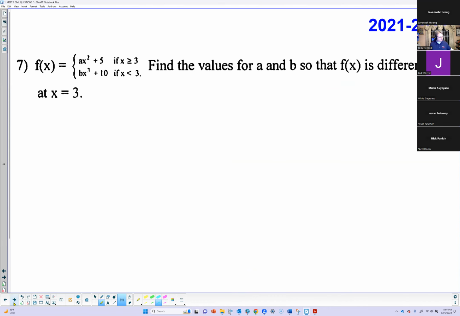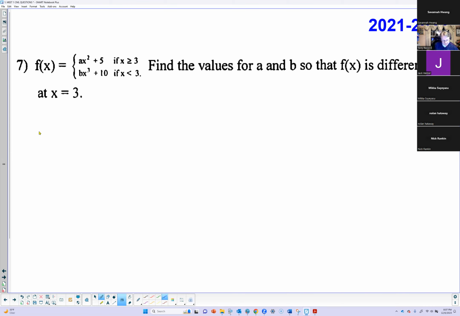Okay. So f of x is your favorite function in the world, a piecewise function. Find the values for a and b so that this would be differentiable at 3. This goes way back, guys, a little bit farther back into Unit 2.